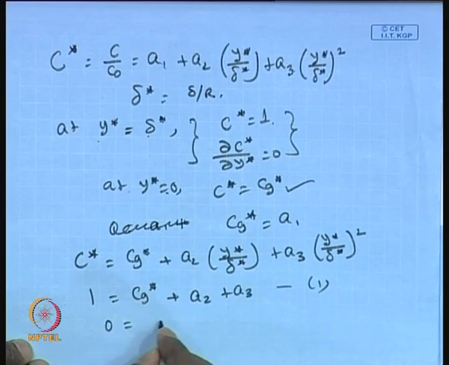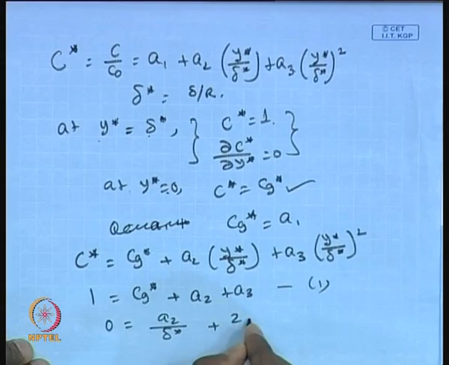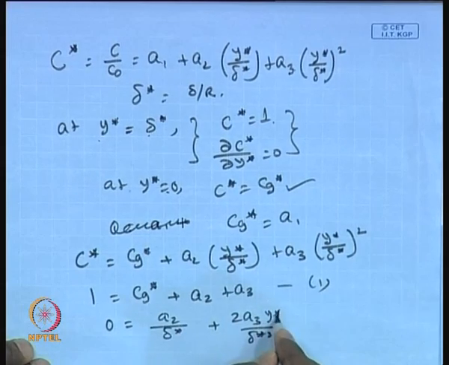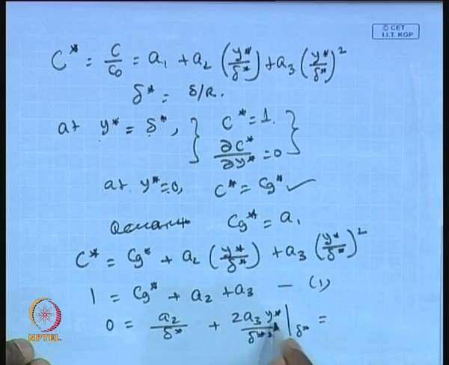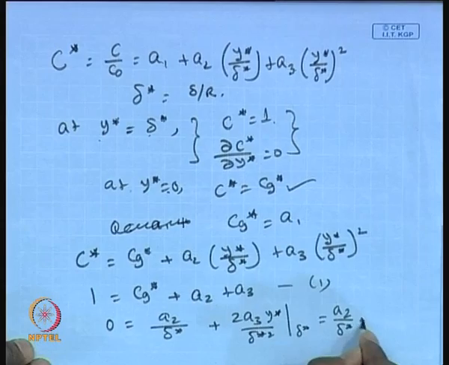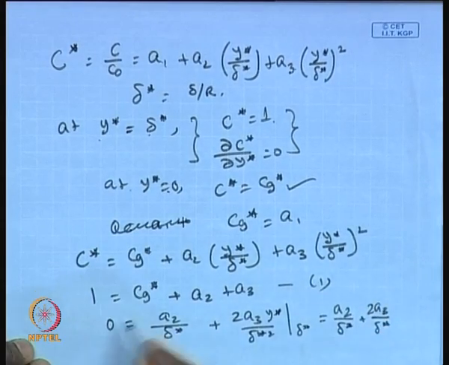So, 0 equals A2 by del star plus 2 A3 y star by del star square. This whole thing has to be evaluated at del star, so del star will be cancelling. So, you will get A2 by delta star plus 2 A3 by delta star equal to 0, that is del C star del y star.